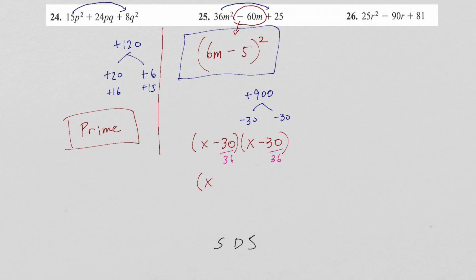Dividing by 6 gives me a 5 over 6. Dividing by 6 gives me another 5 over 6. And then I'm going to do the slide part. I'll slide this back and I'll get 6x minus 5 times 6x minus 5, which is 6x minus 5 squared.